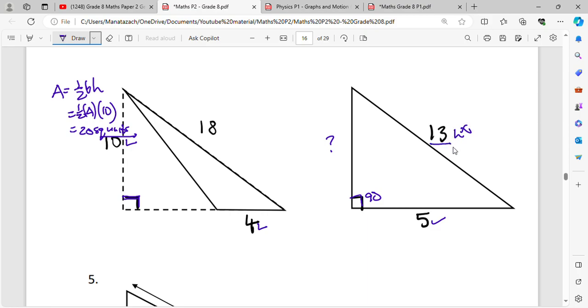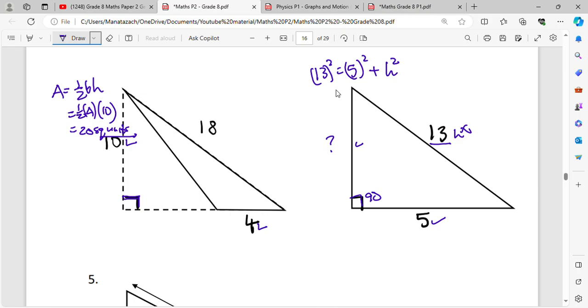However, we can use the 13 to calculate this side by the theorem of Pythagoras. So in this case, the hypotenuse side, 13 squared, is equal to the adjacent side, 5 squared, plus the height, let's call it h squared.